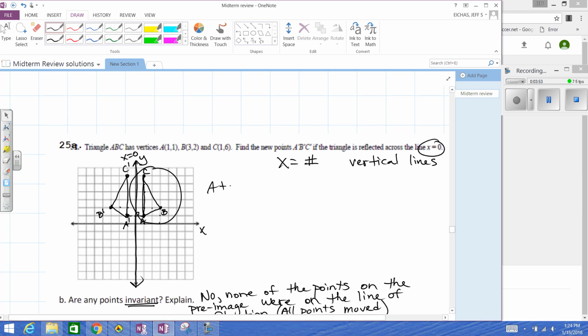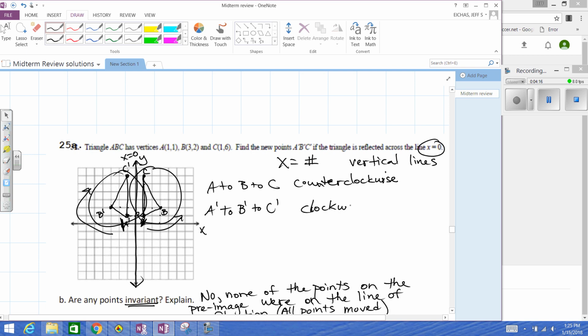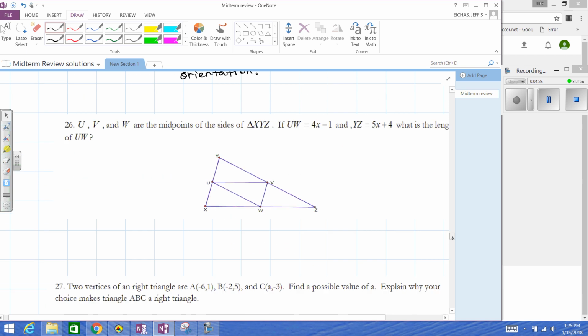A to B to C is in a counterclockwise arrangement, which is its orientation. A prime to B prime to C prime, if you circle it, starting at A prime, is going with the clock. So those are different orientations. But we knew that. Good enough.